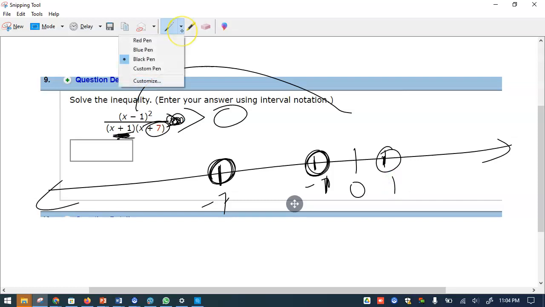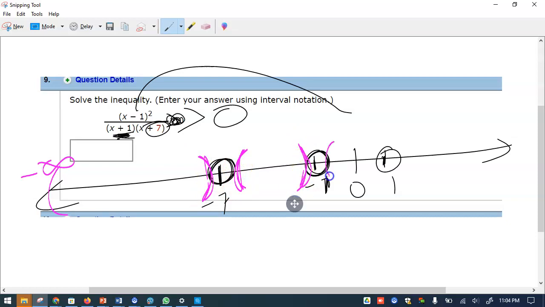So the whole number line gets split into: all the way from minus infinity till minus 7, then minus 7 till minus 1, then minus 1 to plus 1, and plus 1 to plus infinity. See?